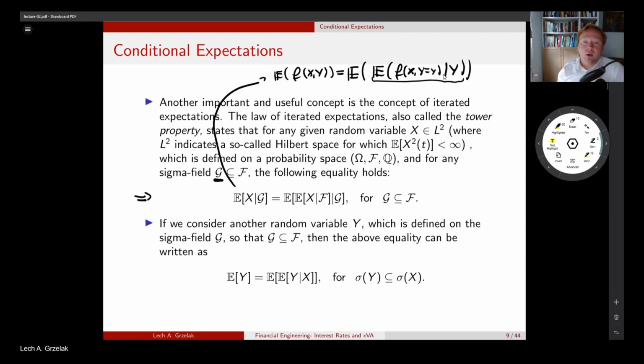In a few slides, we will look into the Python code where we use exactly the same principle. We will use the tower property of expectation. We will apply this property to pricing of a derivative. We will price a call option based on the Black-Scholes model, where the volatility is not constant, it's not time dependent, but stochastic.